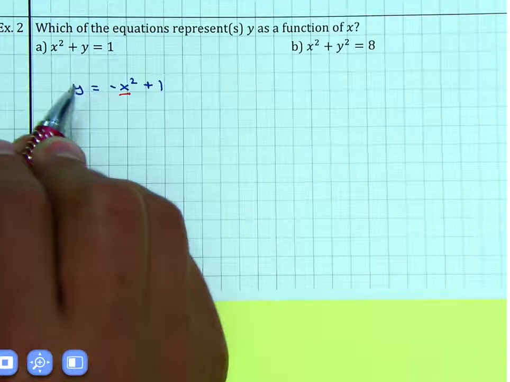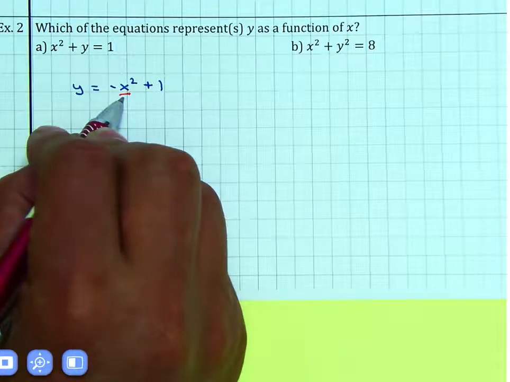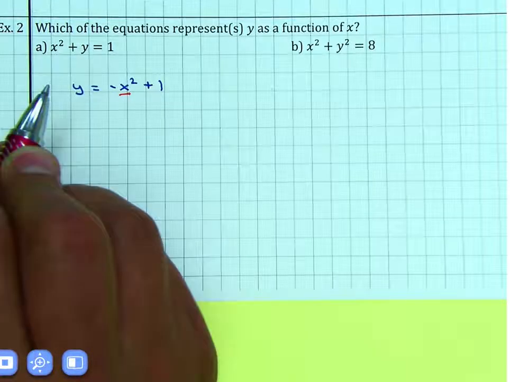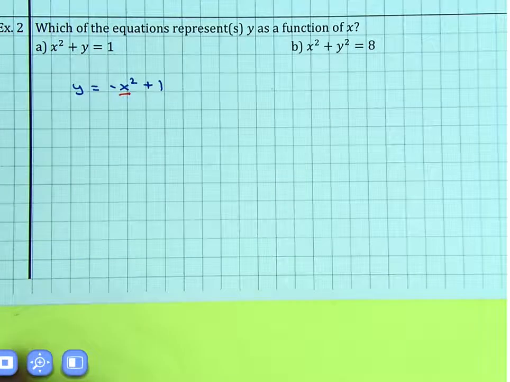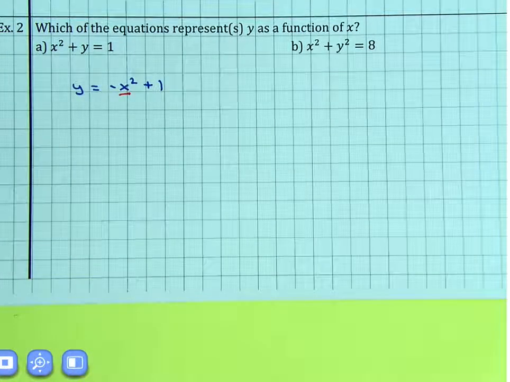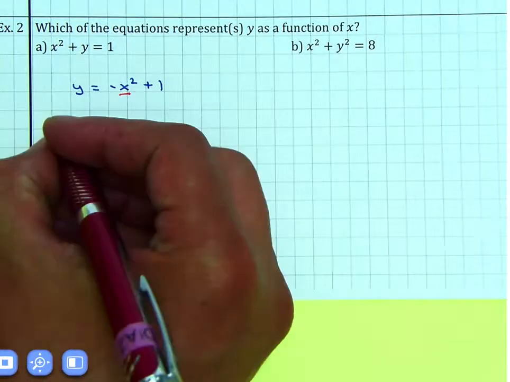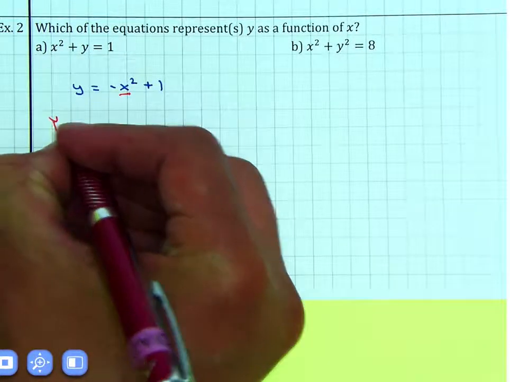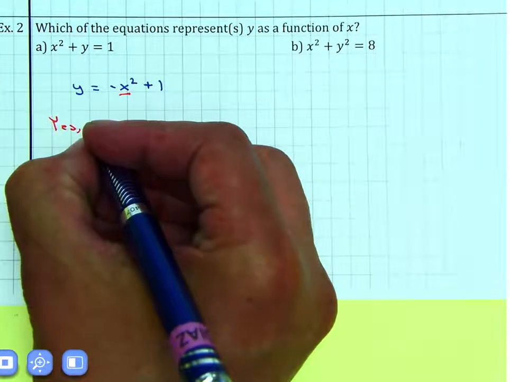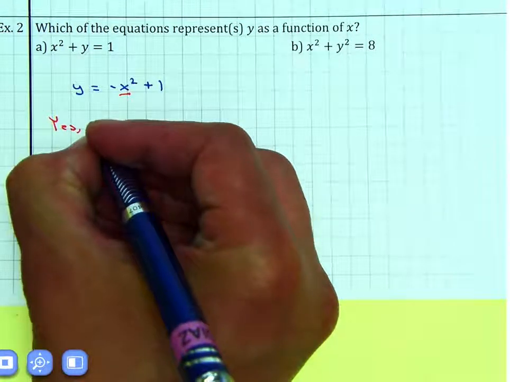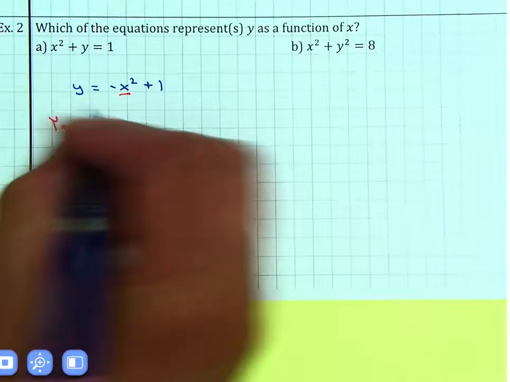You will get two values when usually you have a plus or minus, and we'll see that on the next example. So is this a function? Yes. Every time you plug in a value of x, you only get one y. Yes, it's a function.